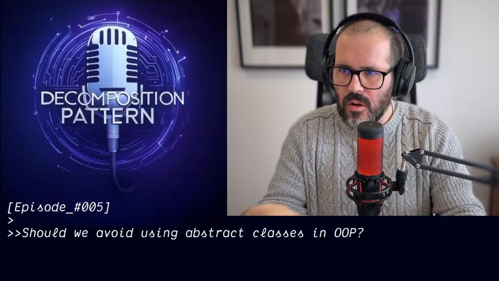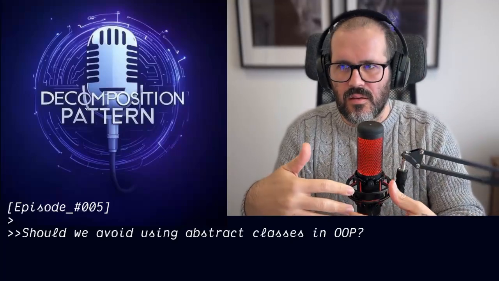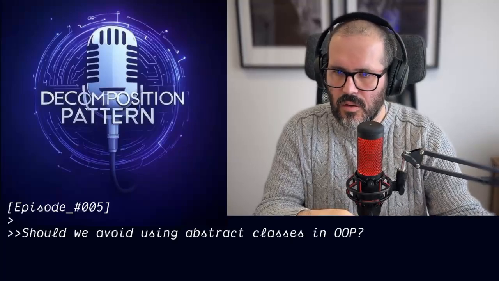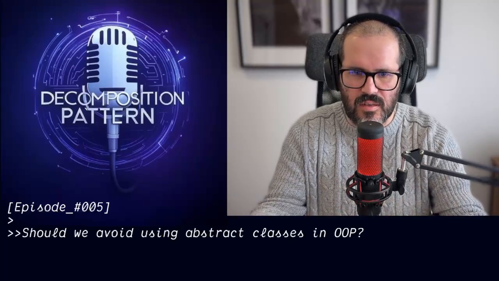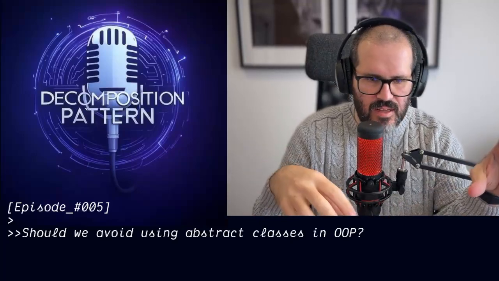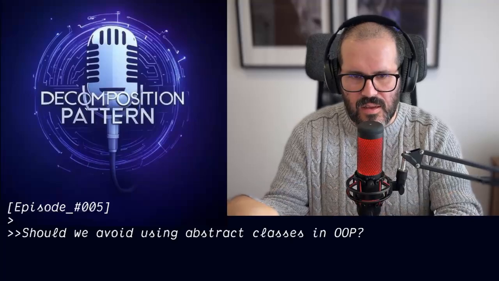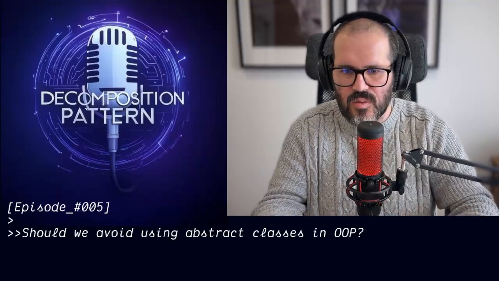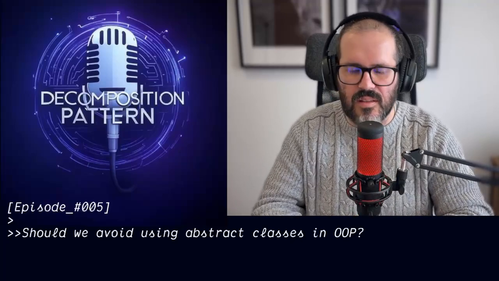So that might be a problem referencing an abstract class from another domain, right? That breaks the domain context, that breaks the own encapsulation. So anything that happens in that other domain will impact my domain where I'm using or referencing that abstract class.